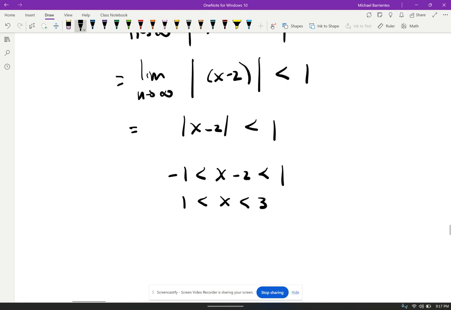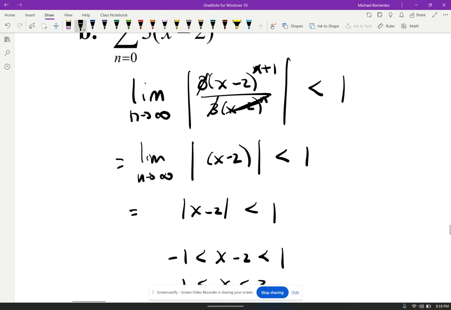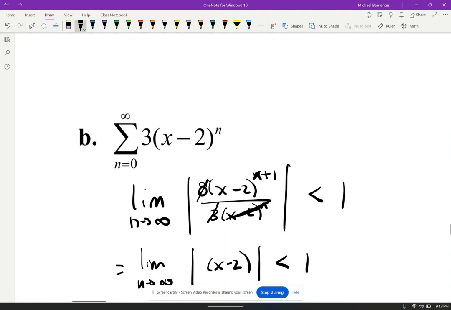Now, if you think of the picture that this is creating, it's saying from positive 1 to positive 3 in this window, any of these x values will cause that power series to converge. Now, if you look carefully, the halfway point is the center. And if we had identified it at the beginning, remember, using this, I can figure out that the center is 2.